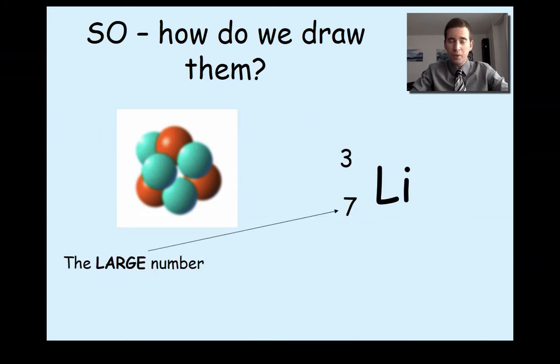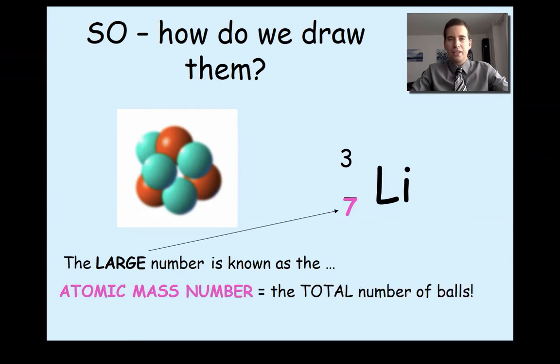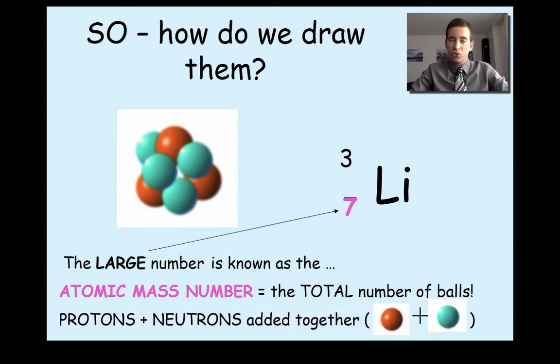Now, the larger number, again, it can be above the atomic number or below it. Just depends on which periodic table you're looking at. Now, in this case, it's 7. Now, hopefully you will have noticed that is the total number of spheres in the nucleus. So that's the amount of protons and the amount of neutrons added together.